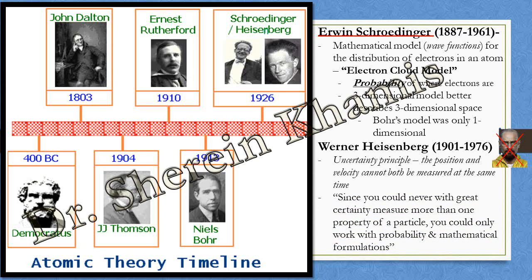Since you could never, with great certainty, measure more than one property of the particle, you could only work with probability and mathematical formulations, and we call it the uncertainty principle of Heisenberg, and it depends on a fact here, not some suggestion or some conclusion.